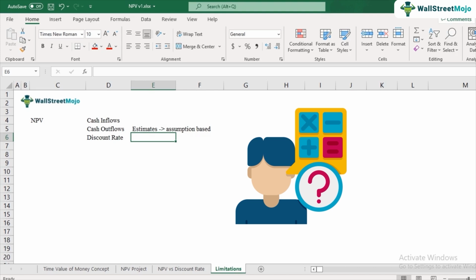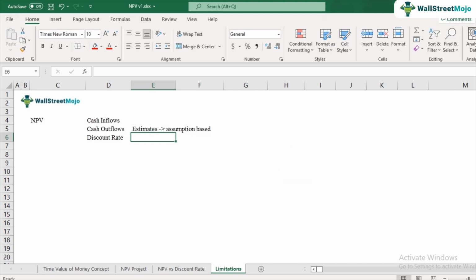Likewise, when you think of cash inflows, you are talking about the revenues which you are going to earn after year 1, year 2, year 3, likewise. And your estimates might go wrong. Your assumptions could be from 30% to 50% to 100%. And maybe in year 1, you just did 10%. So again, you're just estimating it, assumption based. Likewise, the discount rates are also assumption based.